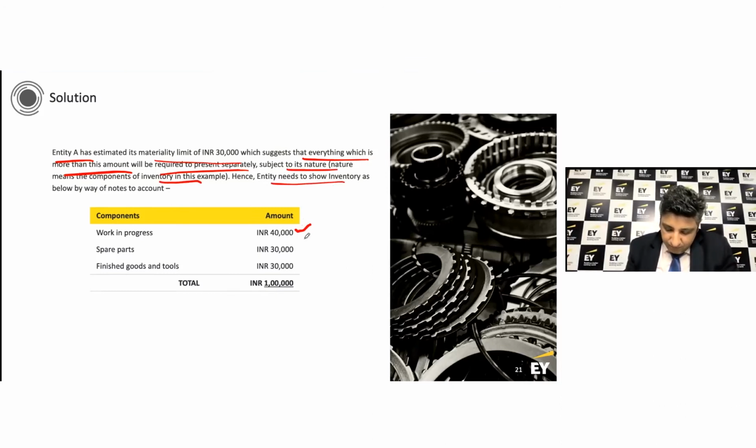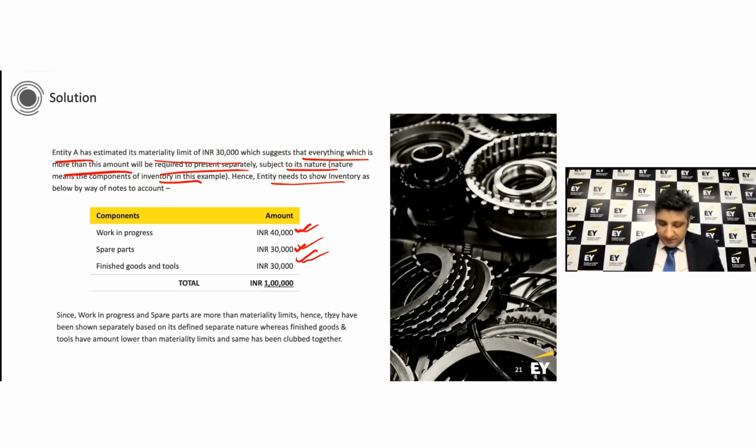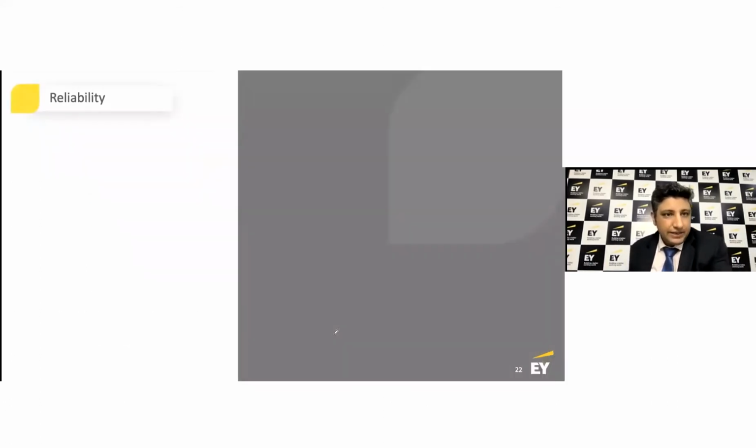On the face of the balance sheet you would still show 1 lakh rupees, but as part of disclosures on the split of inventory, you can show the work in progress as 40,000 rupees, spare parts, for example, raw material as 30,000 rupees, and the finished goods and tools combined at 30,000 rupees. Since the WIP and the spare parts are separate items within or along with the threshold limit, they are shown separately. But the finished goods and tools, of course, are combined together.